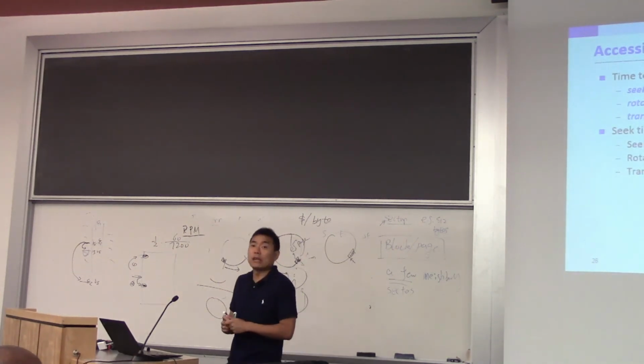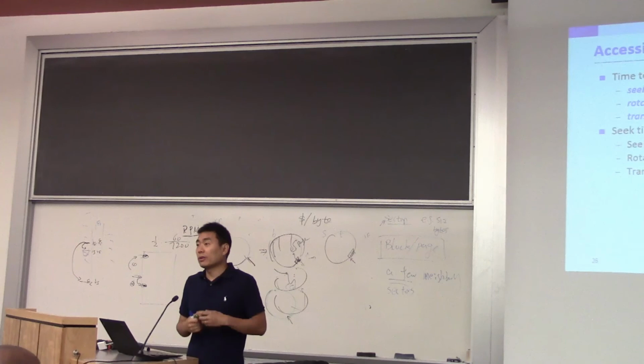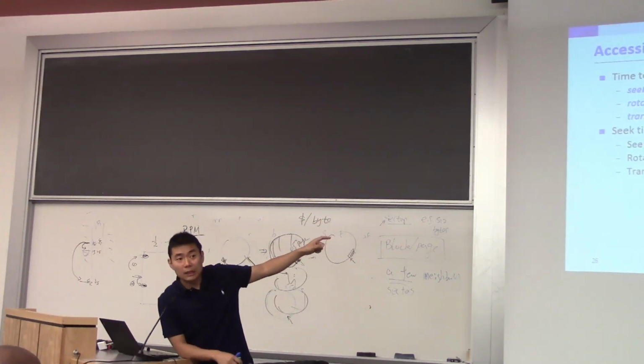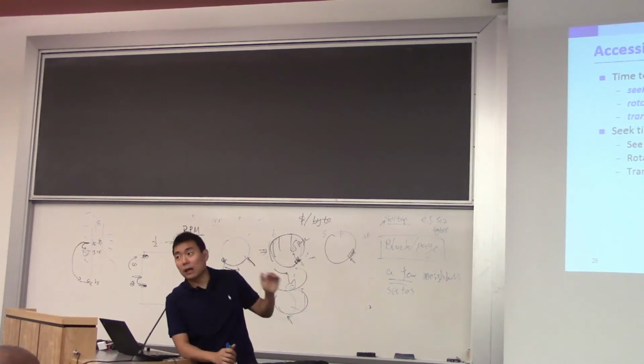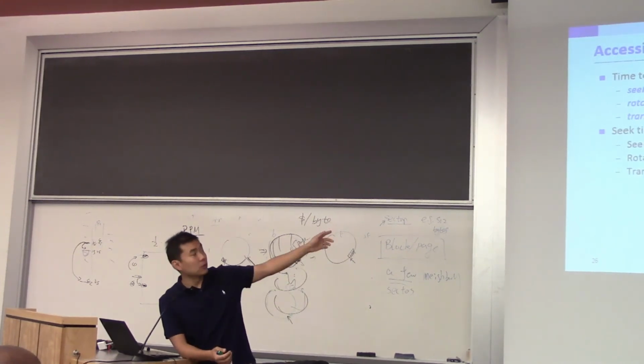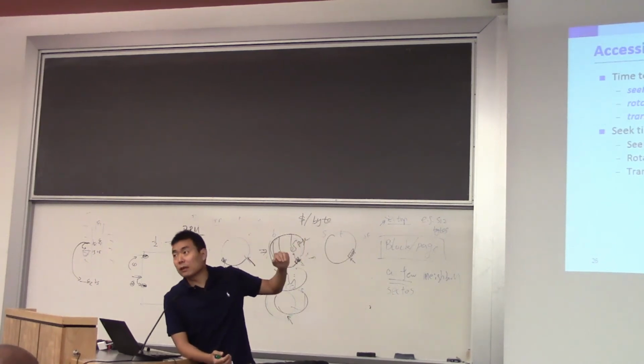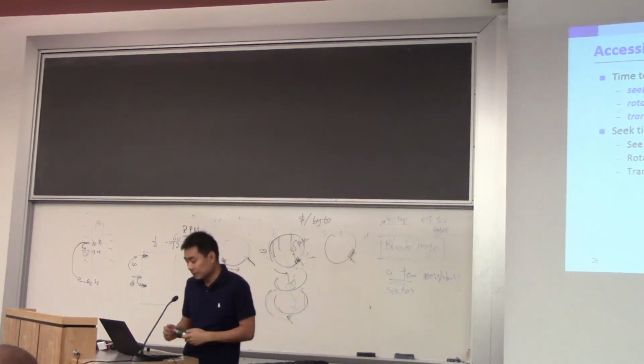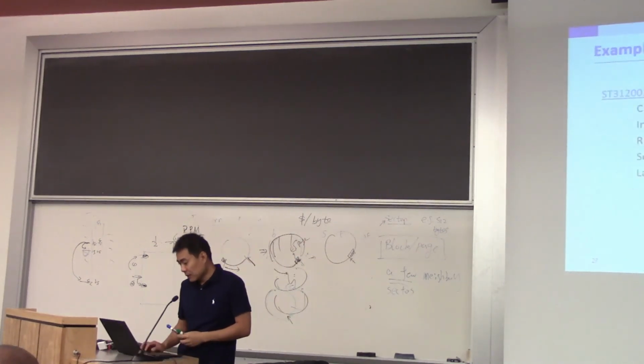You're reading a few gigabytes of data. You cannot ignore this transfer time. In those cases, the initial seek time and rotation delay become negligible, and you can safely ignore those costs because they will be dominated by the transfer time itself. Okay, so that's pretty much what I want to say here.